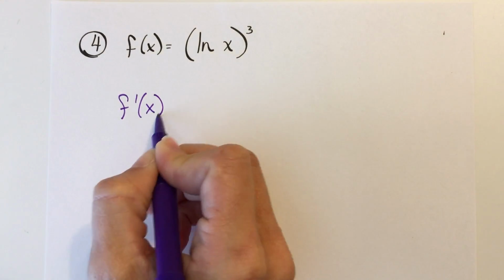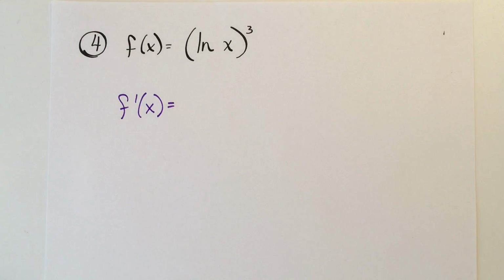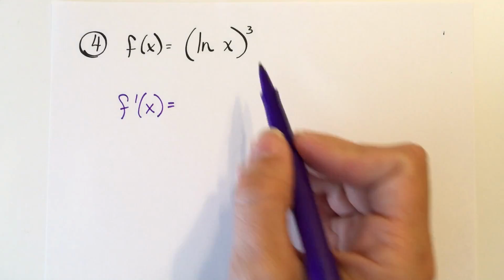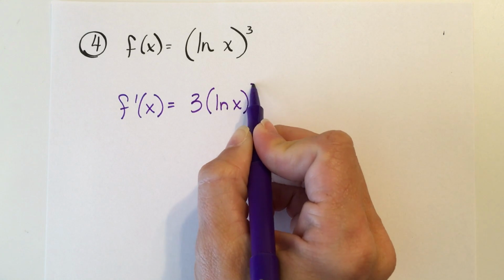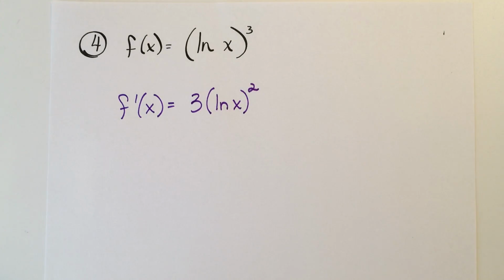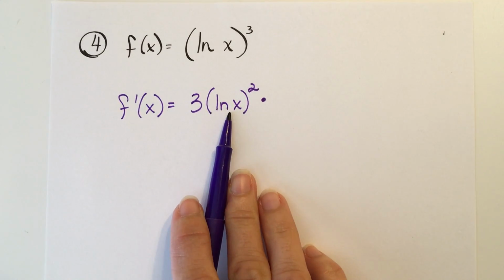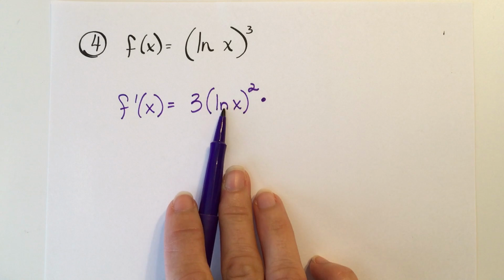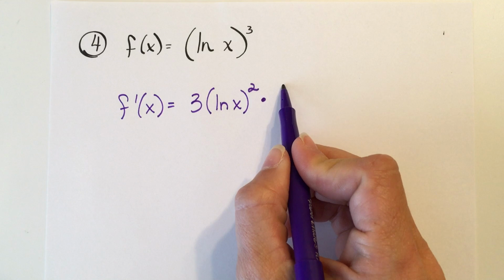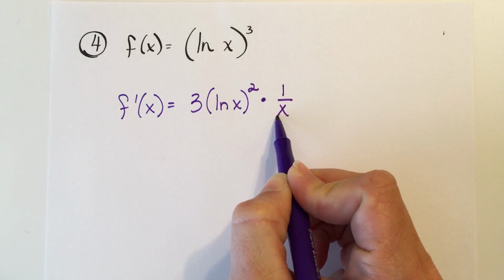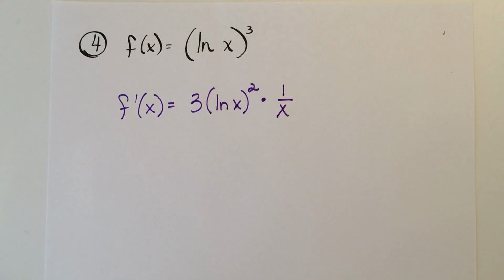So this one, since this whole thing's raised to the third power, you actually are going to start out by using your power rule. So you're going to do 3 times your function to 1 less power. And then you have to apply the chain rule and take the derivative of the inside. Okay, so this is the new part we've learned. The derivative for the natural log of x would actually just be 1 over x, because the derivative of x is 1, and then you divide by that argument.